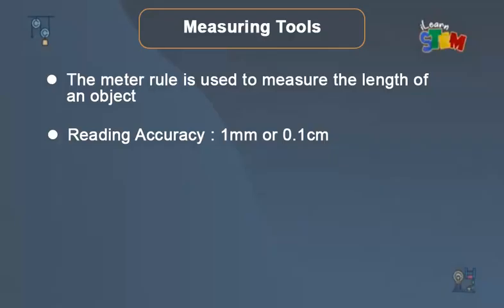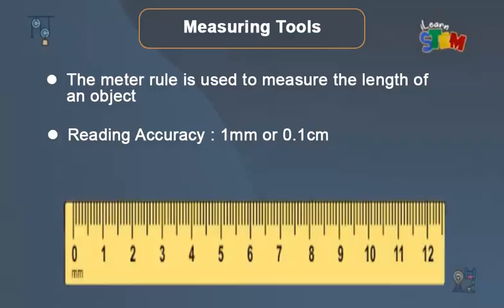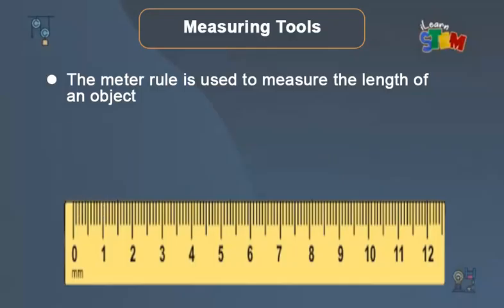The meter rule is calibrated in millimeters and centimeters. Pay attention to this. The smaller lines represent the calibration in millimeters while the longer lines represent the calibration in centimeters. For example, we are asked to determine the length of a pencil using a meter rule. All we have to do is place the pencil horizontally starting from point 0.